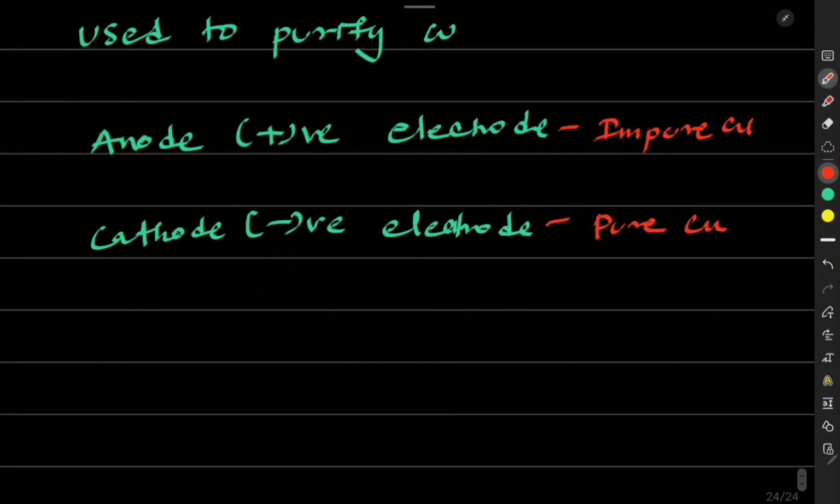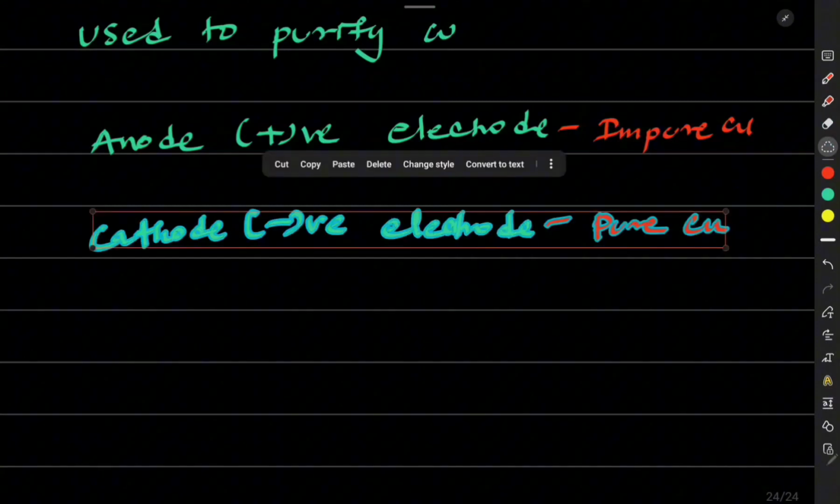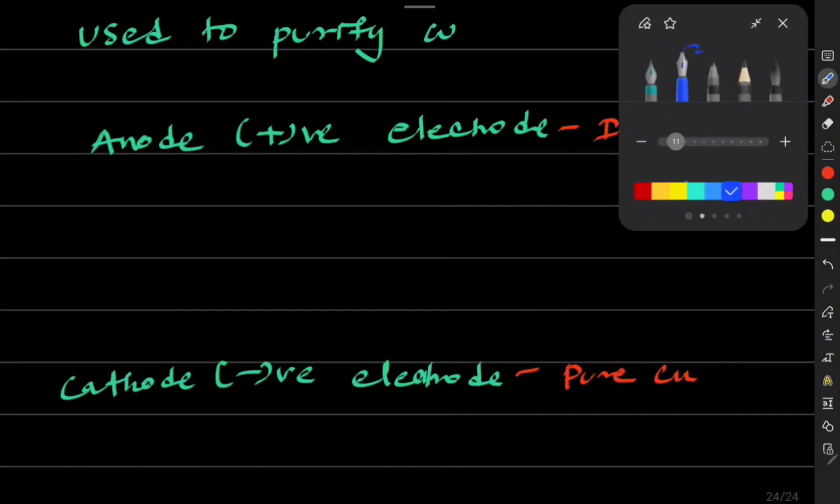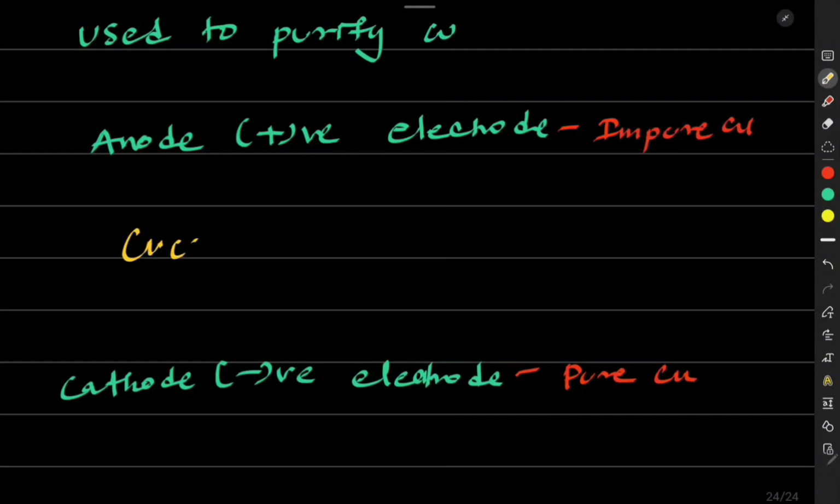In the anode reaction, copper solid forms Cu2+ aqueous plus 2 electrons.